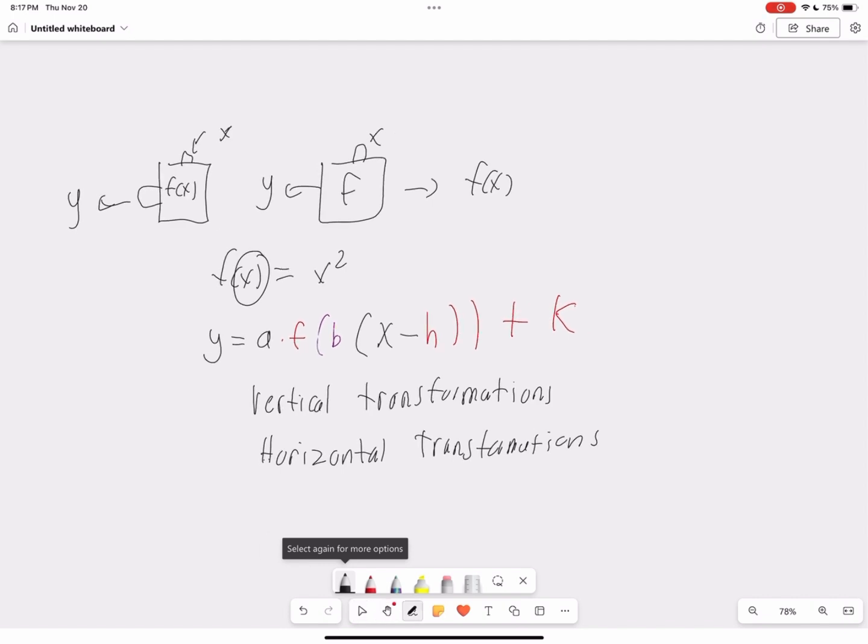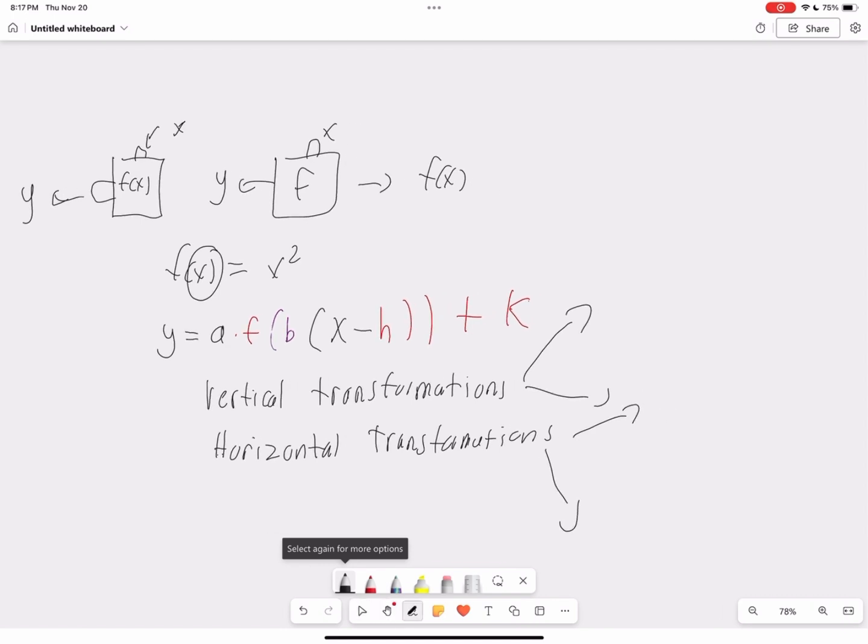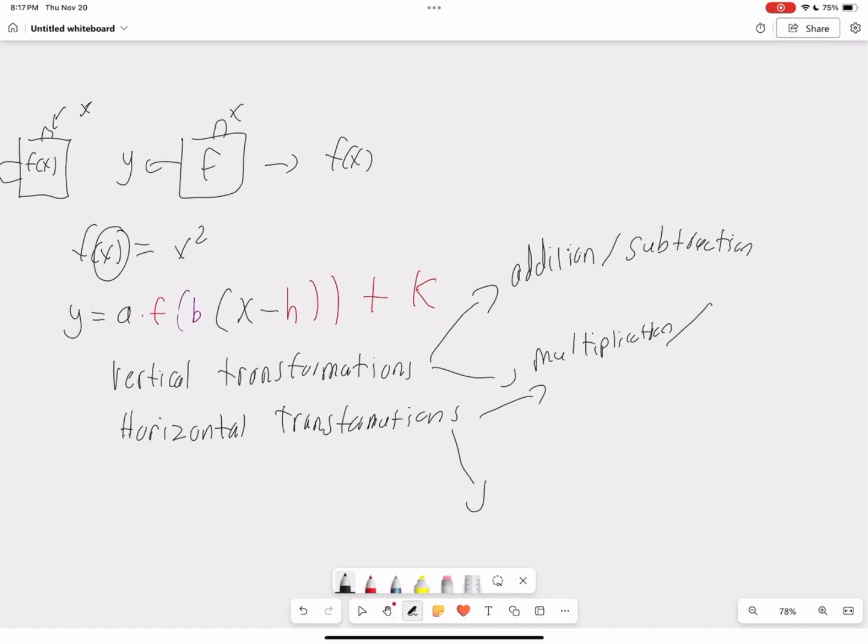These branch off from the vertical transformations. You get addition and subtraction, and here you get multiplication and division. And it's the same thing with here. It's ditto, the same thing.